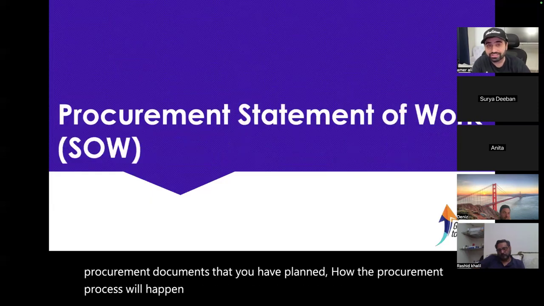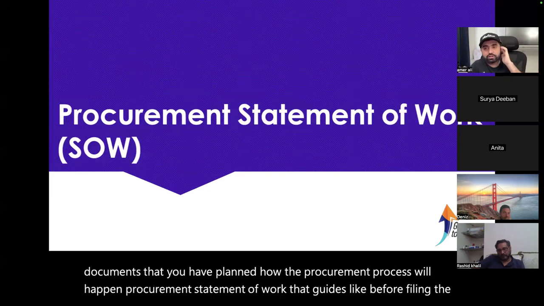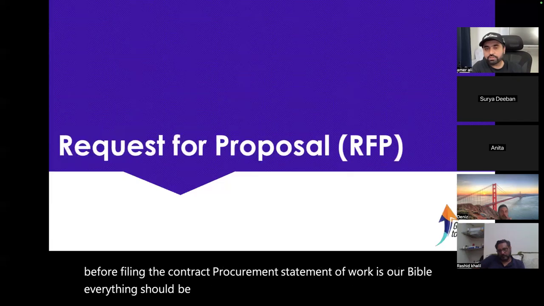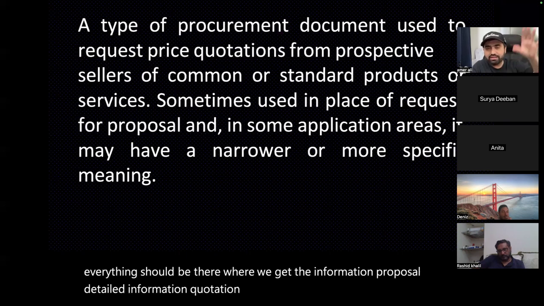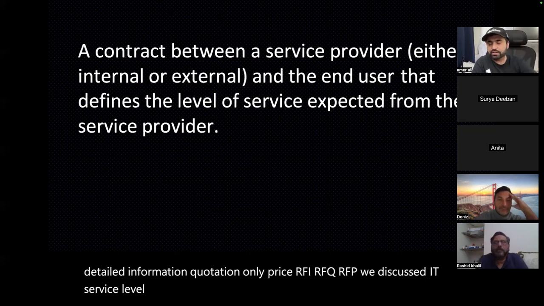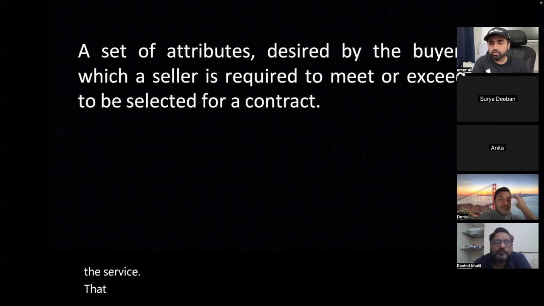Procurement statement of work guides us before signing the contract; it is our Bible. Everything should be there. Where we get information: proposal, detailed information; quotation, only price; RFI, RFQ, RFP, we discussed it. Service level agreement is where we get an agreement that they will provide service at that level afterwards. Source selection criteria decide who will provide those things.